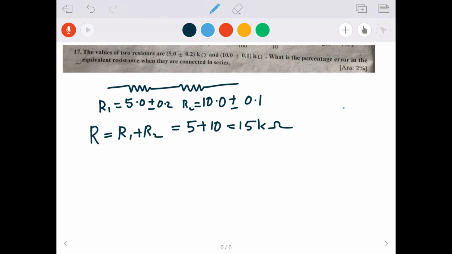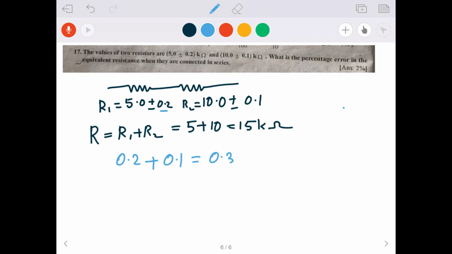So we have to add the absolute errors, delta R1 and delta R2, in the first and second resistors respectively. 0.2 plus 0.1 will be 0.3, so 0.3 is the absolute error.